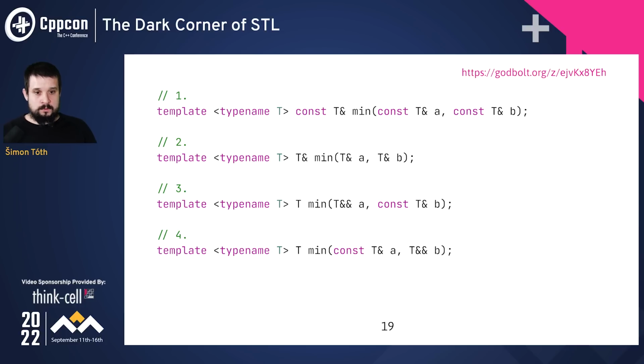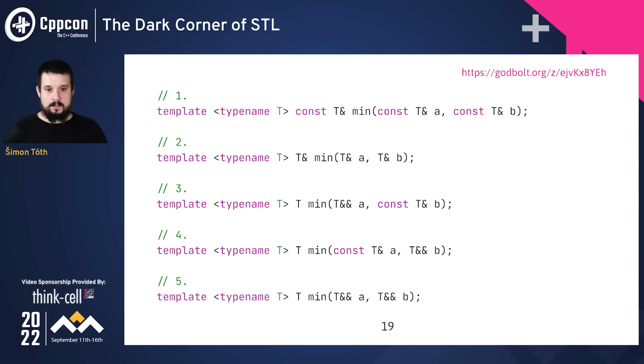However, just adding these two does cover all the situations, except it does create another issue, which is, well, what happens if we pass in two temporaries, two PR values? Well, in that case, the two overloads 3 and 4 are equally as good. So we need to add a fifth one, and this one will actually finish the overload set.